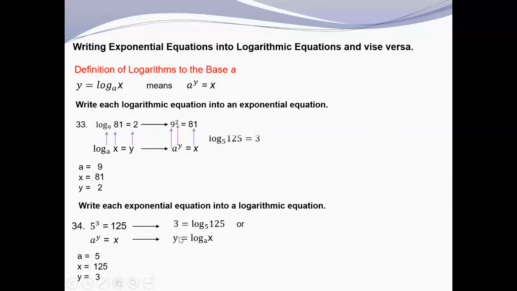There's my y, 3, my a, 5, and my x, 125. That's how you go back and forth. I believe these are the only examples I'm going to do because this is so basic. Just by knowing what the a, the x, and the y are, you'll be able to rewrite from logarithmic to exponential or exponential to logarithmic equation.